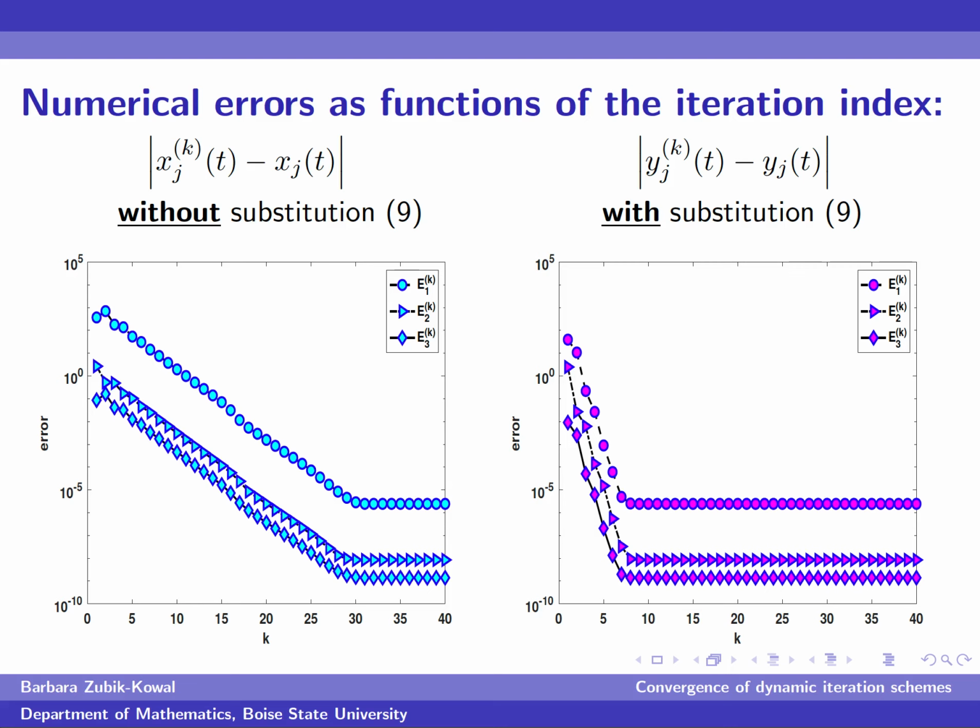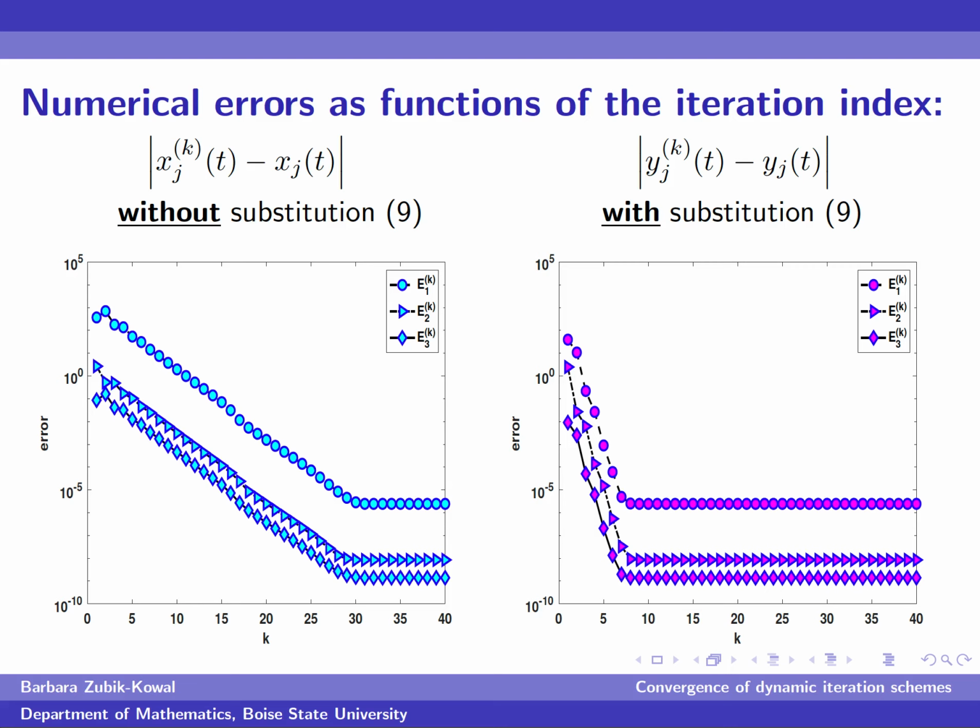And in both figures, the errors are presented as functions of the iteration index. So the horizontal axis in both figures are for k, and their ranges are from 1 to 40. Also, the errors in both figures are measured at the same fixed value of time t equals 10.